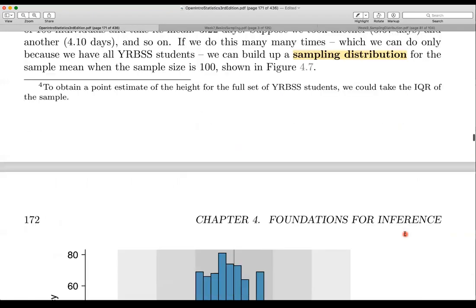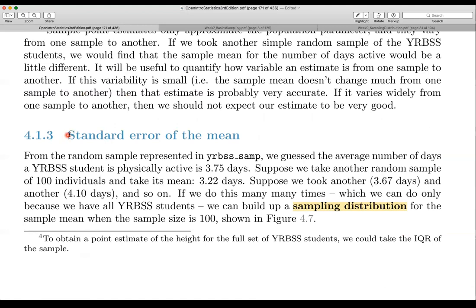I know this is not going to be totally clear, but all we're saying here is, if we repeated this study, whatever it is, say we did a sample of 100 students and looked at their height, the standard error is, on average, how much do students vary from sample to sample in their estimate?